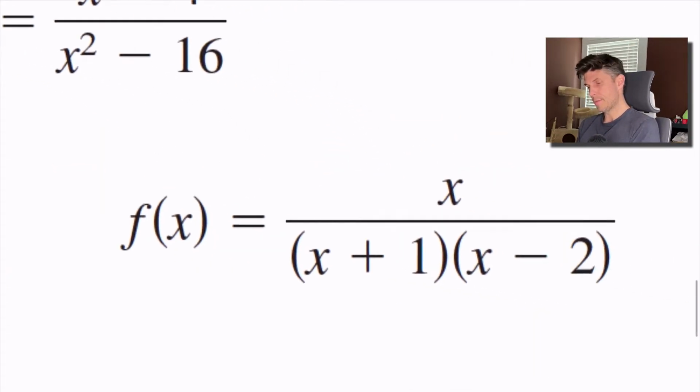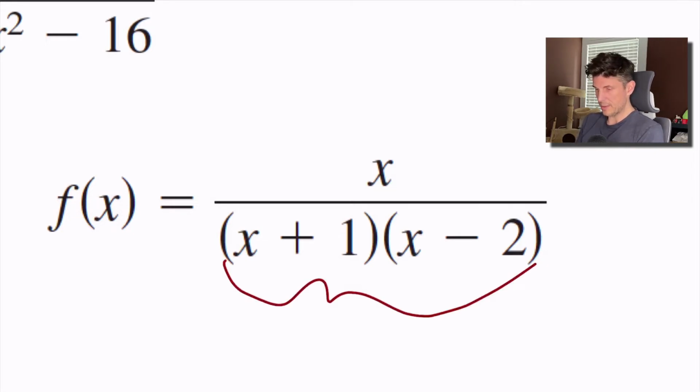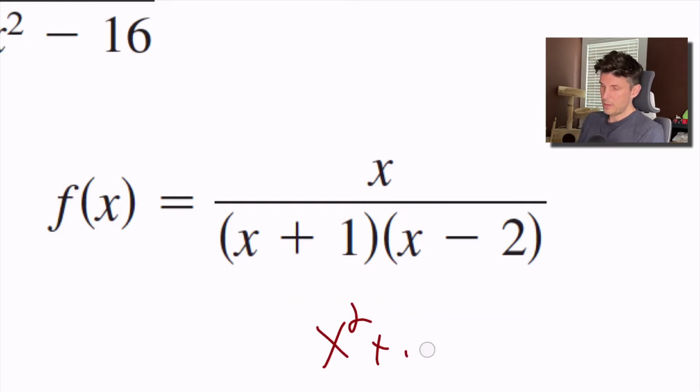And this last one is in factored form, but it is proper. If you're paying attention, you'll see the degree of the denominator is x squared plus, blah, blah, blah. I'm not going to expand that right now, but we know that the degree of the denominator is x squared, degree of numerator is x. So ultimately that is a proper rational function.